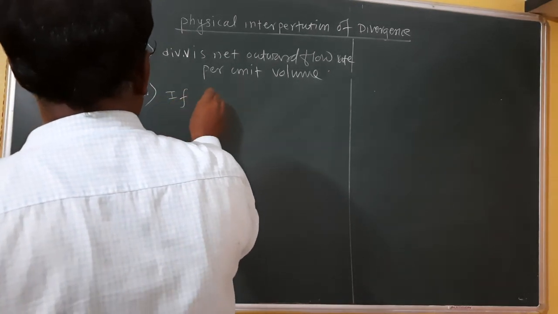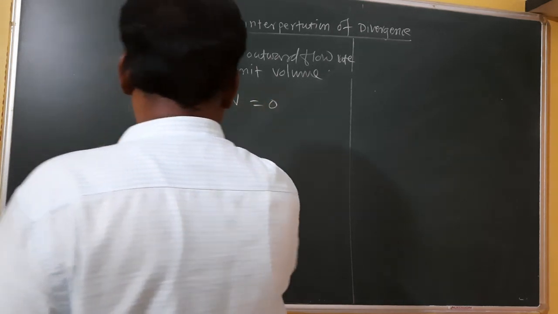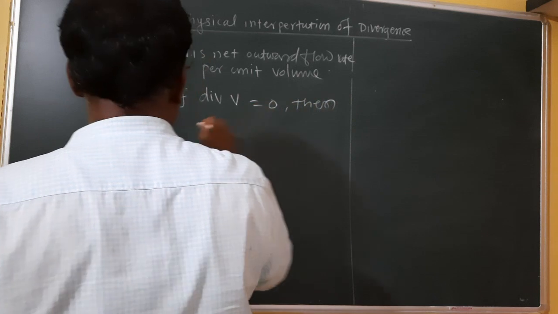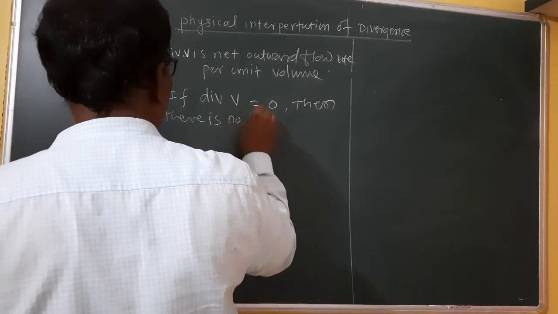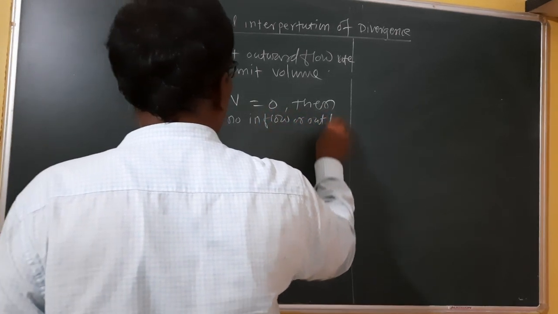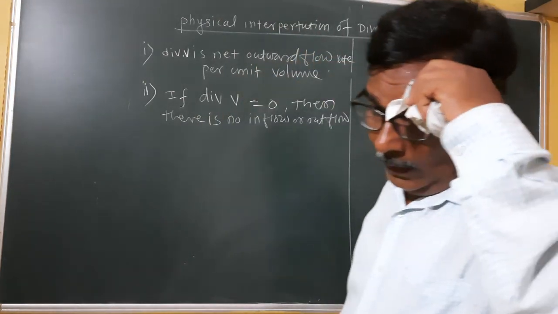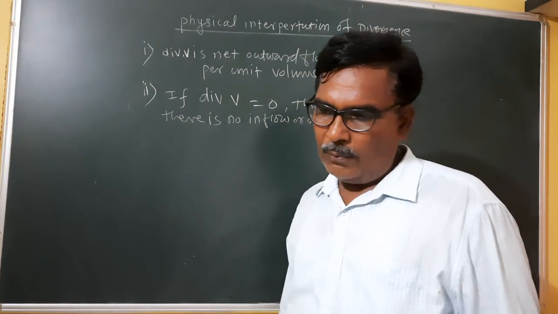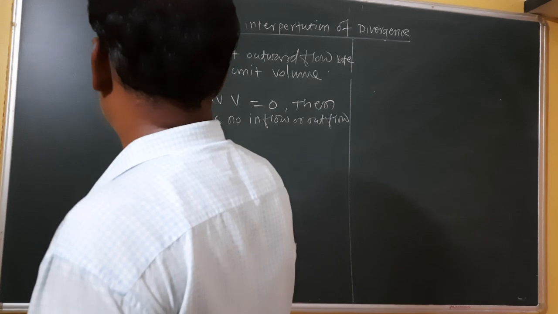If divergence is 0, then there is no net inward flow or outward flow of the fluid.